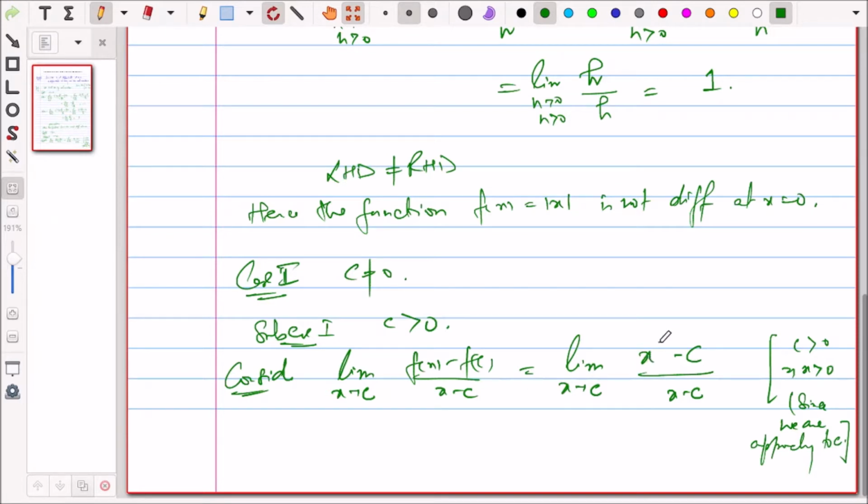Okay, is it fine? Yes, sir. So this implies the limit is 1, so you get 1 here.